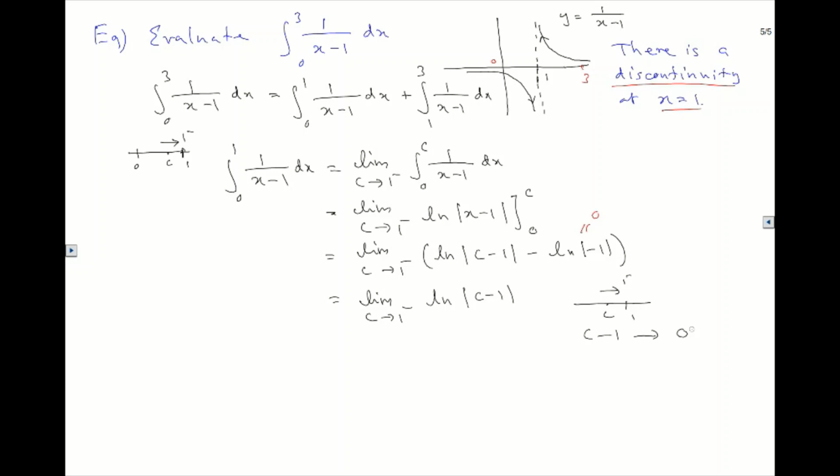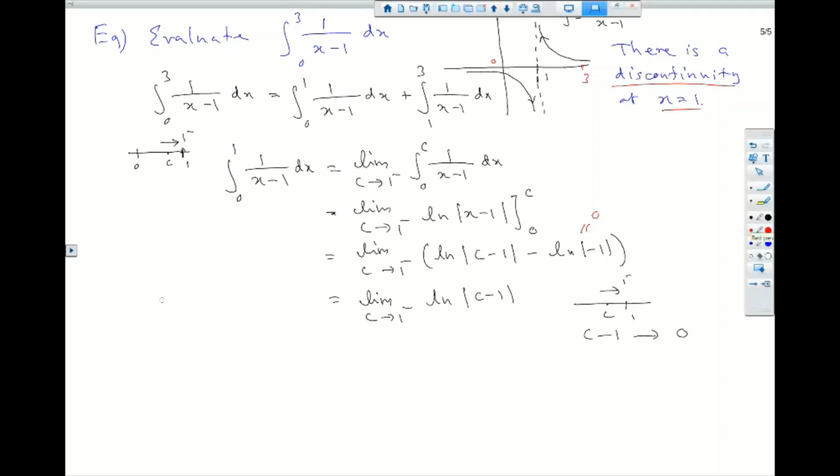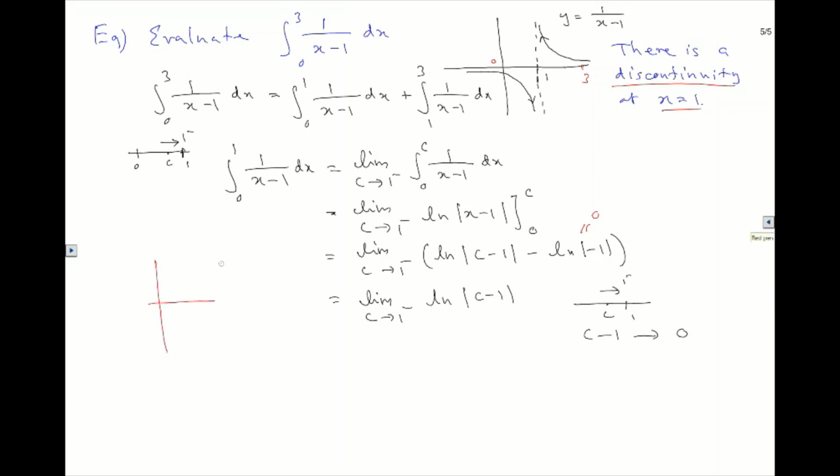So if c minus 1 goes to 0, what will happen? Ln. So we can look at the graph of natural log. In the graph of natural log, we know that if this number goes to 0, then the function goes to negative infinity. So this is going to go to negative infinity. So this limit is infinite.